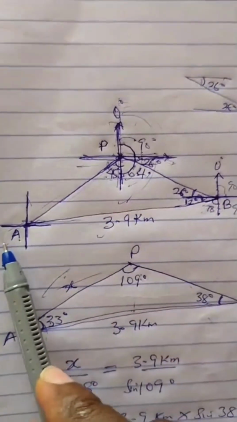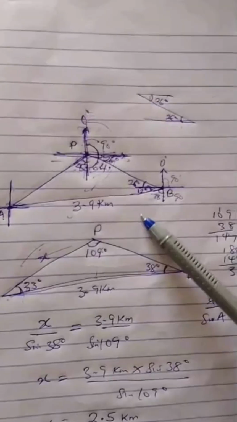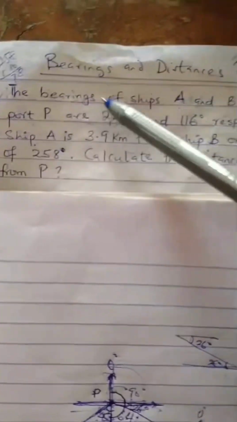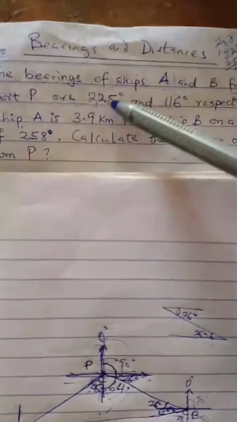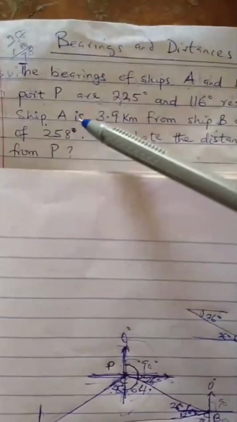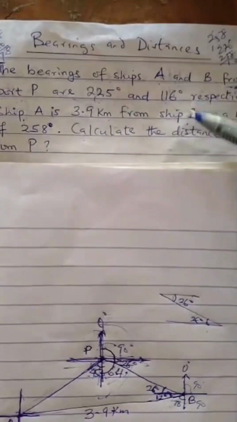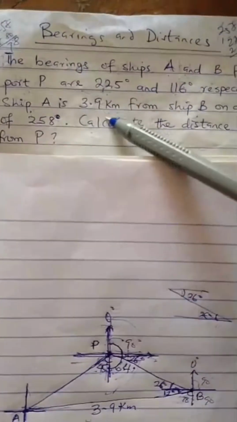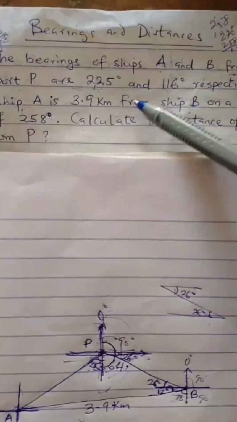Now from B we have another bearing to A. So let's go back to the question one more time. The bearings of ships A and B from a port P are 225 degrees and 116 degrees respectively. Ship A is 3.9 kilometers from ship B. The keyword is from where?